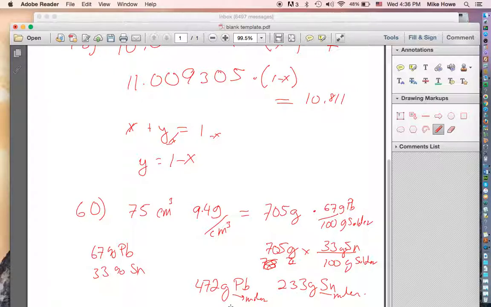So 472 grams times 1 mole over 207 grams. After you have moles, you can add them together. So you take this number of moles, add this number of moles, and then multiply by the Avogadro's number, which is 6.02 times 10 to the 23rd. At that point, you'll have the answer.